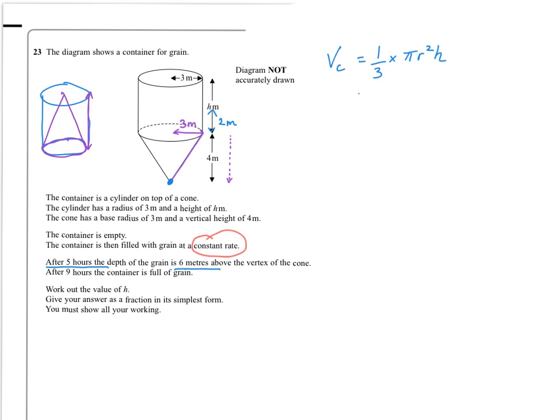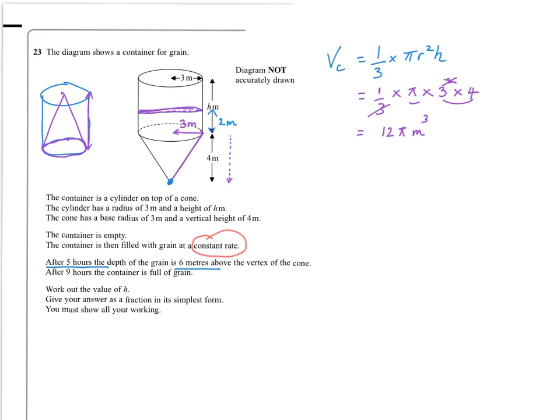So the volume of the cone that would be filled with sand at least, because the 4 meters worth would be done, would be 1/3 times pi times the radius squared times the height, which is 4, and then this would cancel and you'd be left with 12 pi, and that would be 12 pi meters cubed. And then you've got another 2 meters worth of cylinder to go.